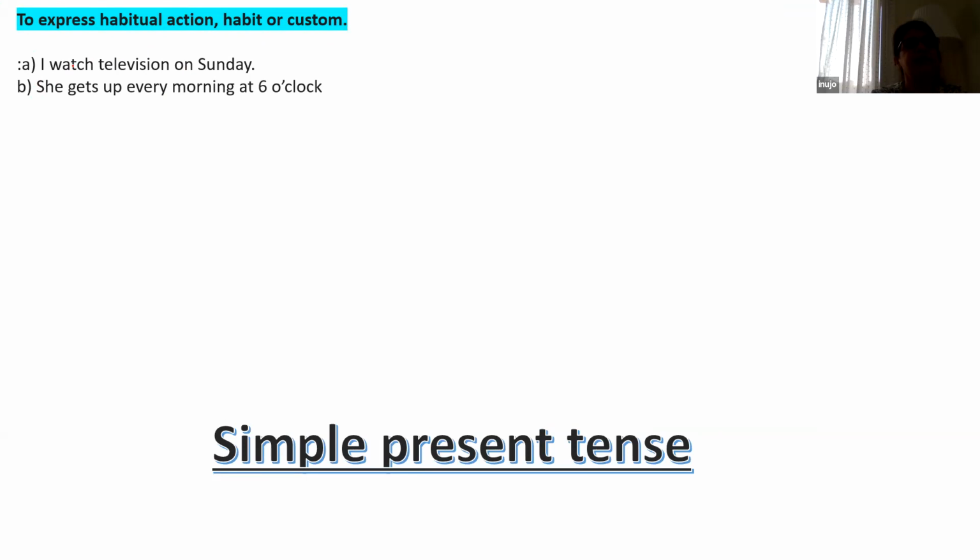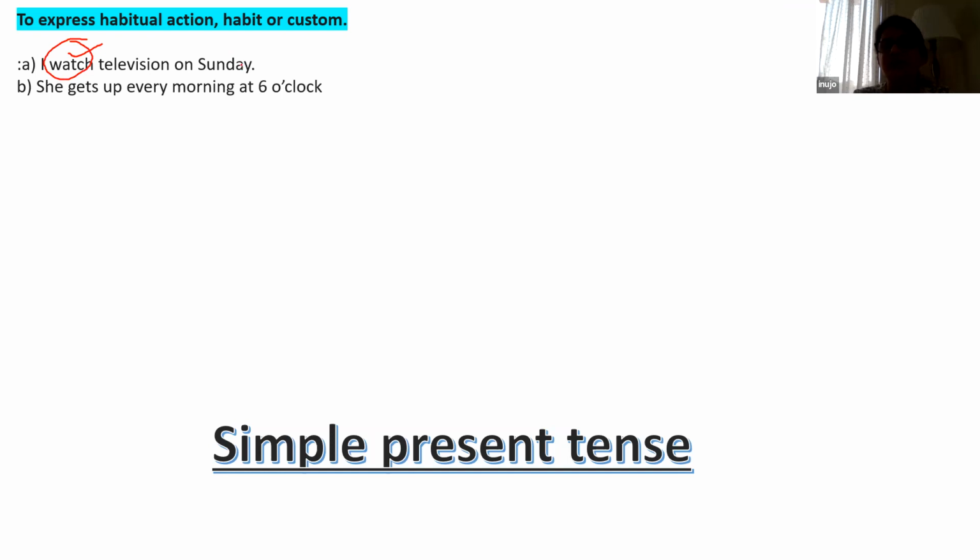For example, I watch television on Sunday. That means every Sunday you watch television. That is your habit. Hence, I watch television. What is the verb? Watch is your verb. So this is a simple present tense.